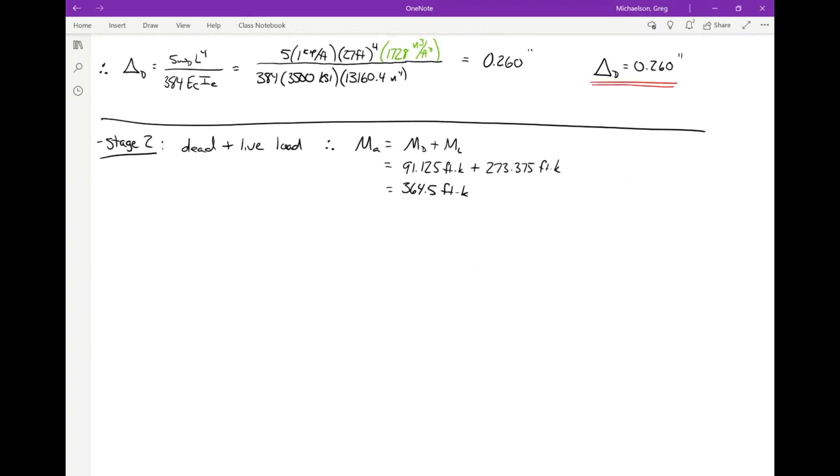All right, so now that we have a new MA, we have to compute a new IE value. So we have to do that part again. Like I said, we're going to use this formula a lot. IE is 1 minus 2 MCR over 3 MA squared, 1 minus ICR over IG. So 1 minus, oh sorry, I need a bracket here.